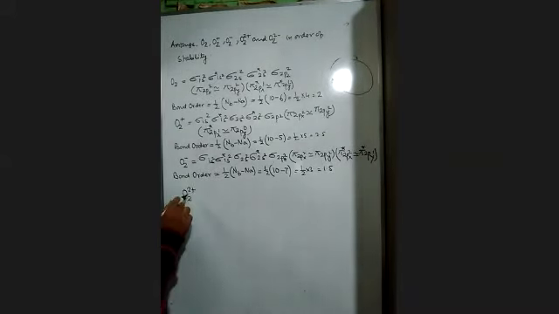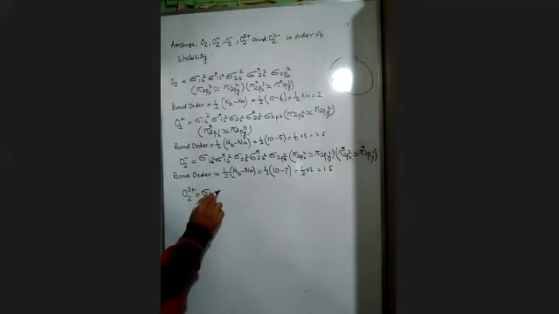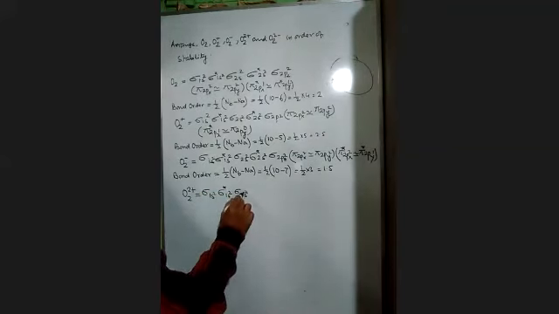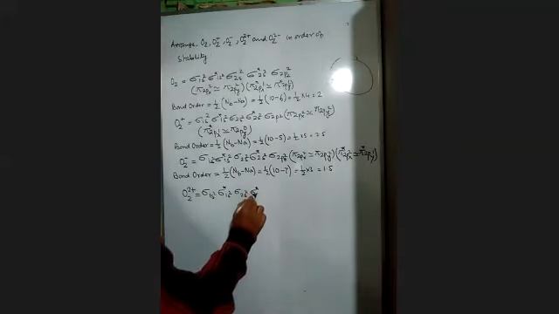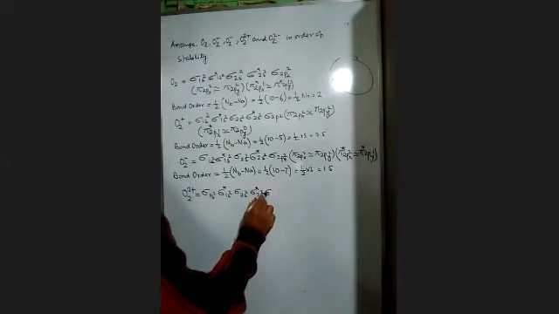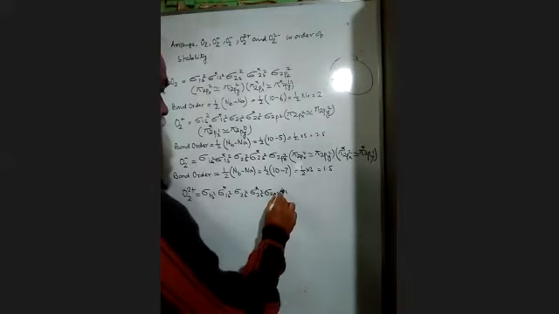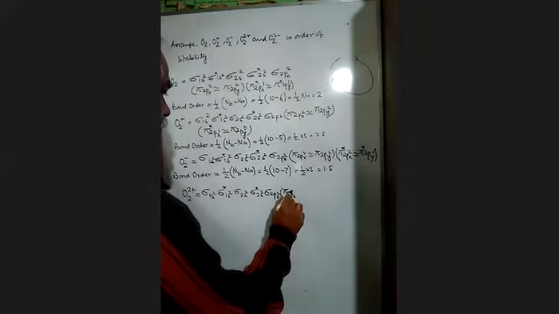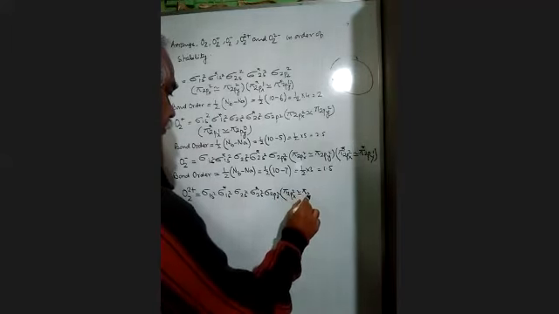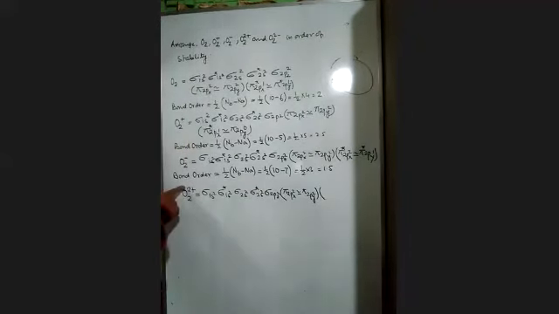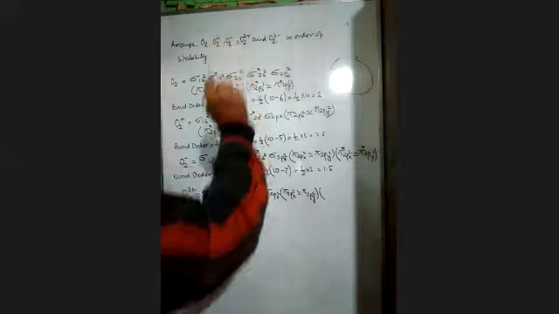O2 plus. See now, 2 electron loss. So both one here and one here, both of them will be lost.